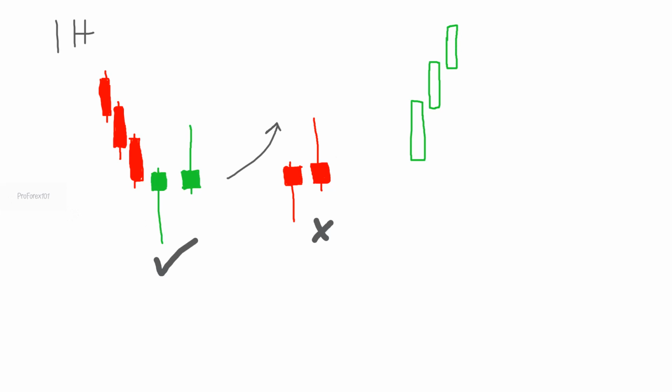Let me color this in. So when I said earlier that small subtle differences make a difference, this is what I mean, guys. You have to be very, very careful when you're looking at candlesticks. You can make mistakes. So you've got your wicks and tails.